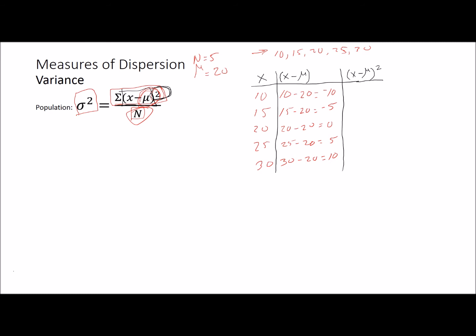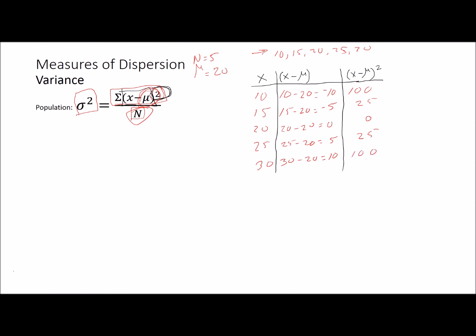So let me change the color back to red. Let's do that. So negative 10 squared gives us 100. Negative 5 squared is 25. 0 squared, well, that's still 0. 5 squared is 25. And 10 squared gives us 100.